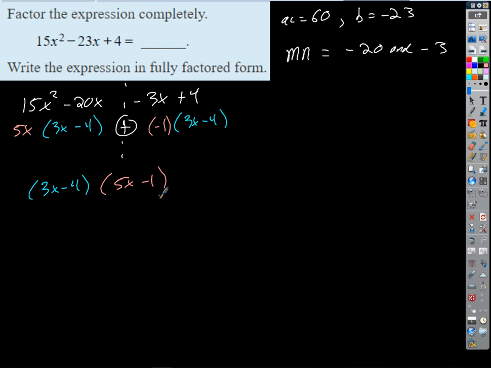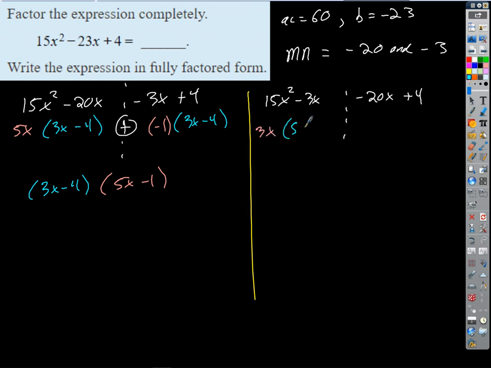Okay, if we want to, we could have gone 15x squared minus 3x minus 20x plus 4. We would have factored out this time, what, a 3x? Leaving behind 5x minus 1.